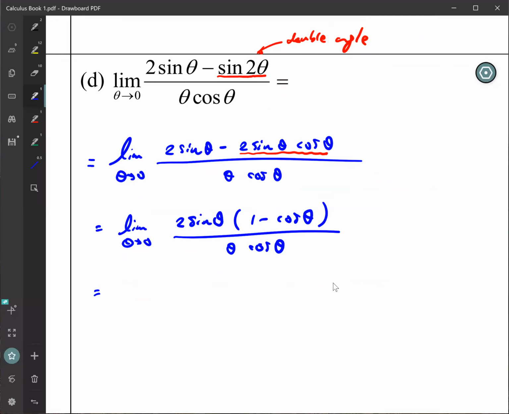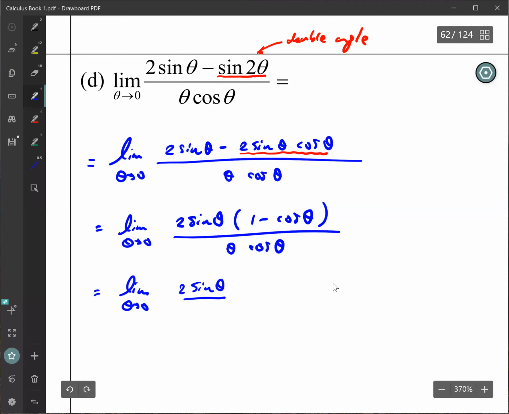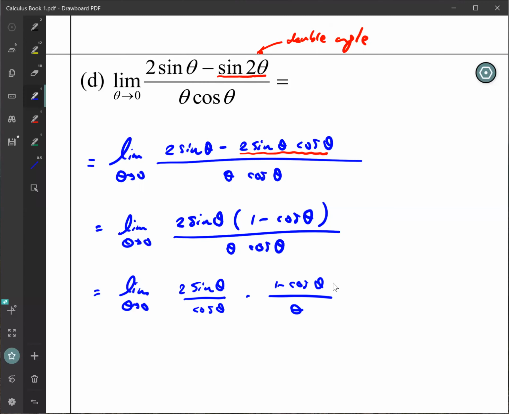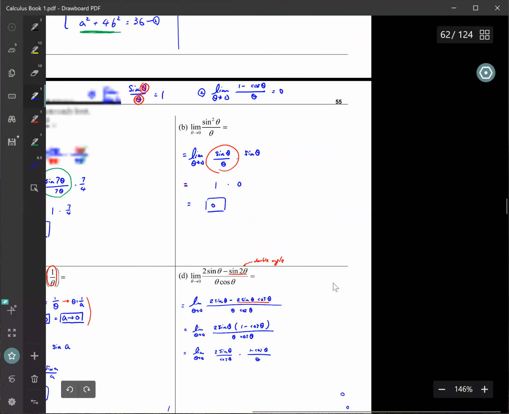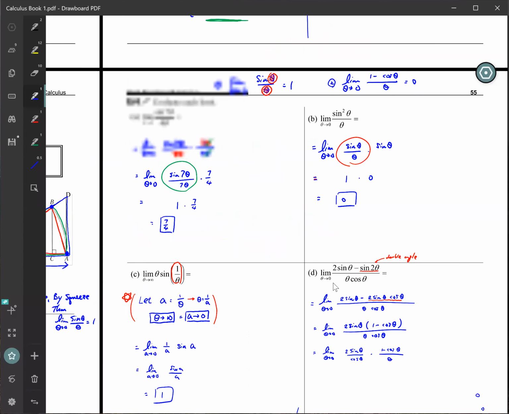I still wrote out limit theta approaching 0, and I did the splitting up part, so 2 sine theta over cosine theta times 1 minus cosine theta over theta. Okay, good. So the second part is going to look like number 2.